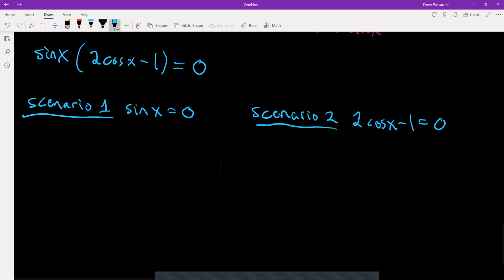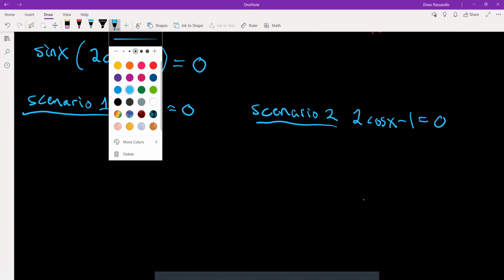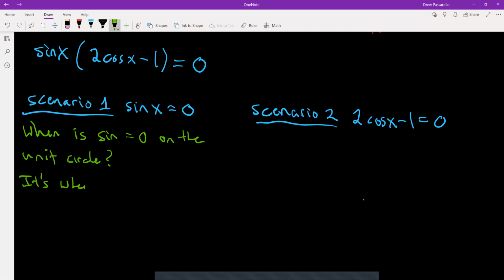All right, and I asked myself, when is sine of x, like, when do we have it so that when you take the sine of some angle you get 0? So when is sine equal to 0 on the unit circle? It's when theta equals 0 or pi.